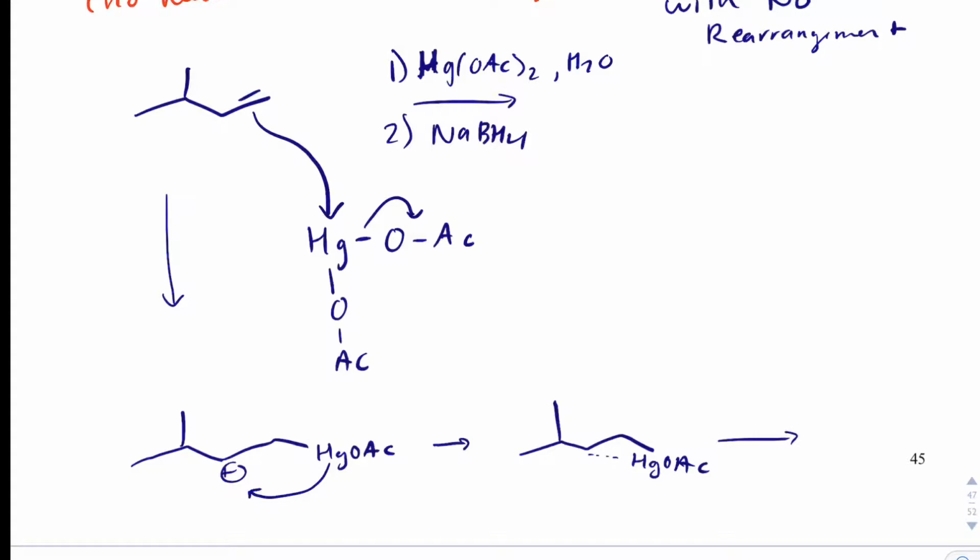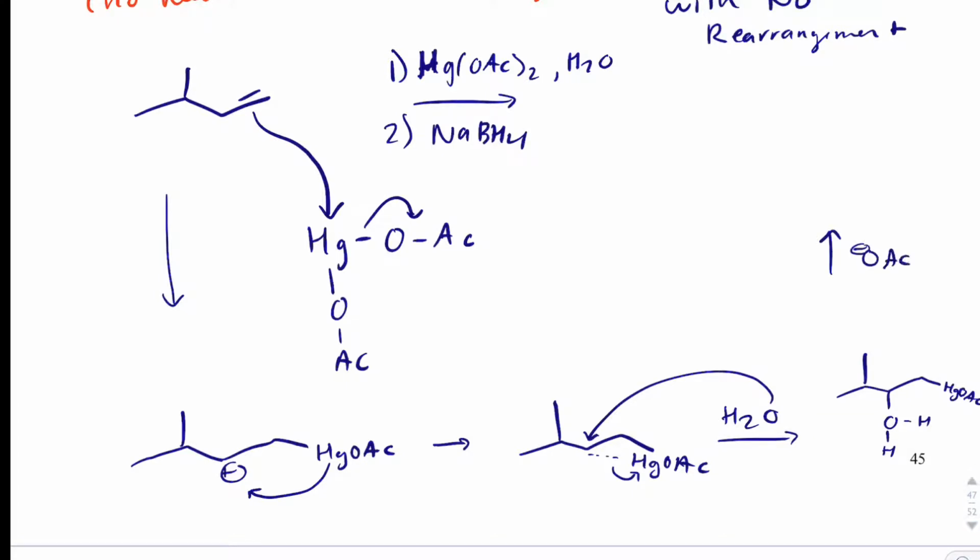It's almost like an intermolecular force, although because it's within a molecule, we can't call it an intermolecular force. Water comes in and attacks that carbon, and that causes that bond to go back to mercury. And then the acetate, which we can say OAc, or we can draw it as this, comes in and is going to remove a hydrogen from our oxygen.